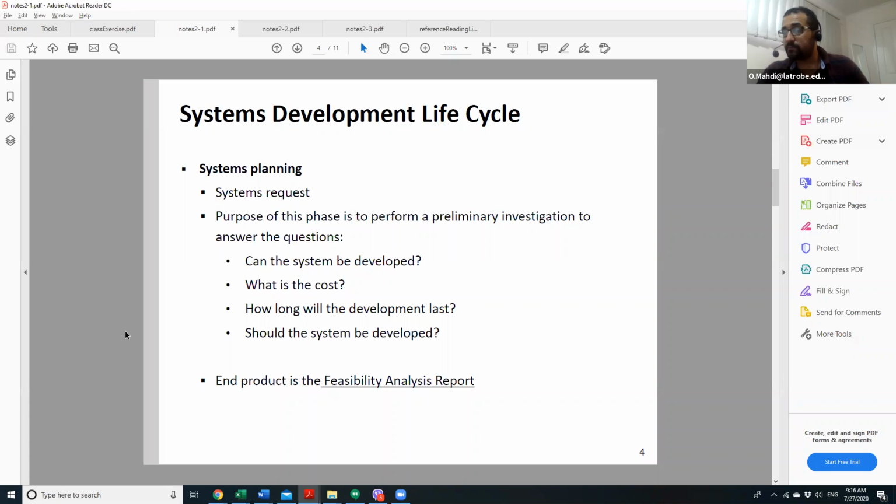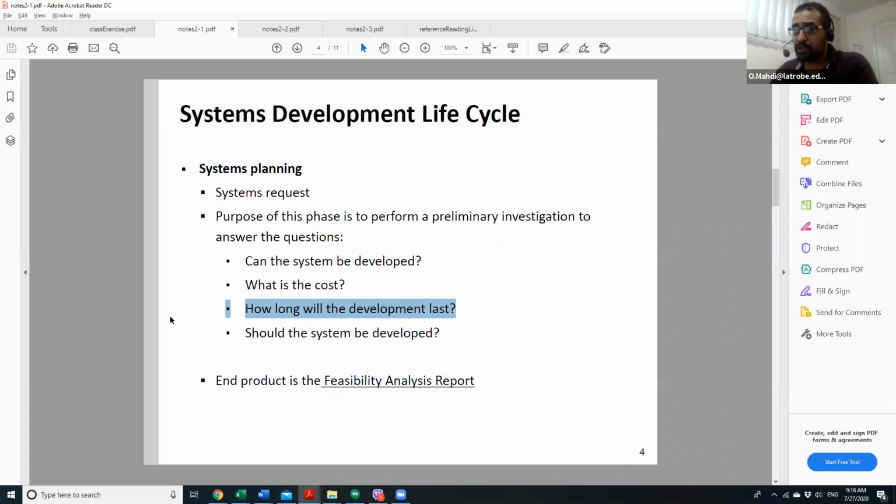Now, I have a question for you. When you look at these four questions, it's clear that the cost means we are talking about the budget, and how long the development will last means we are talking about the time.